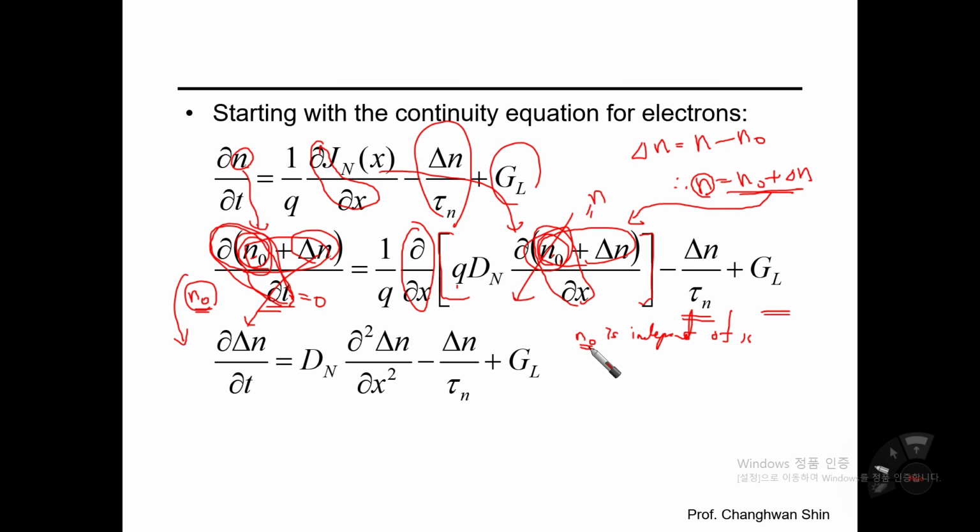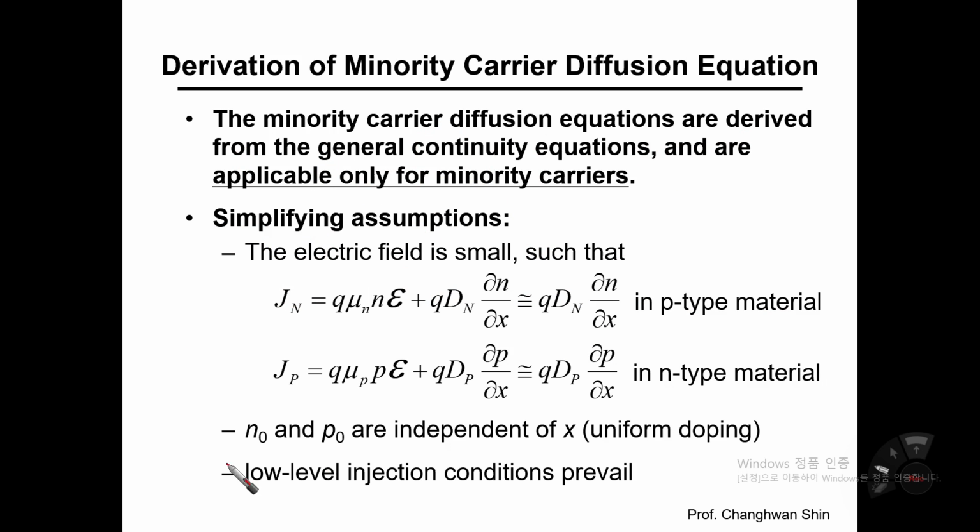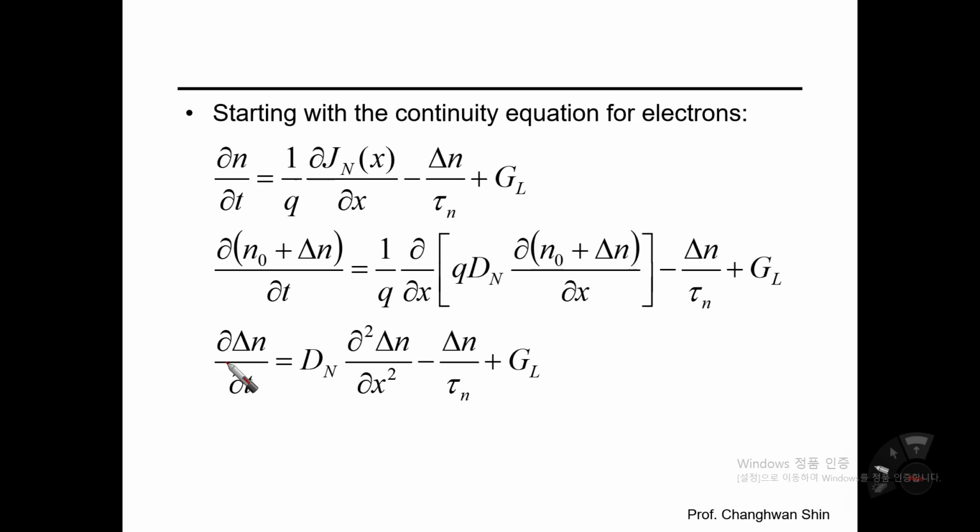Why? n naught is always equal for all x values. Go back to the simplification assumption and take a look: n naught is independent of x. So if I take the first derivative of n naught with respect to x, it is 0. So we can remove this term as well.